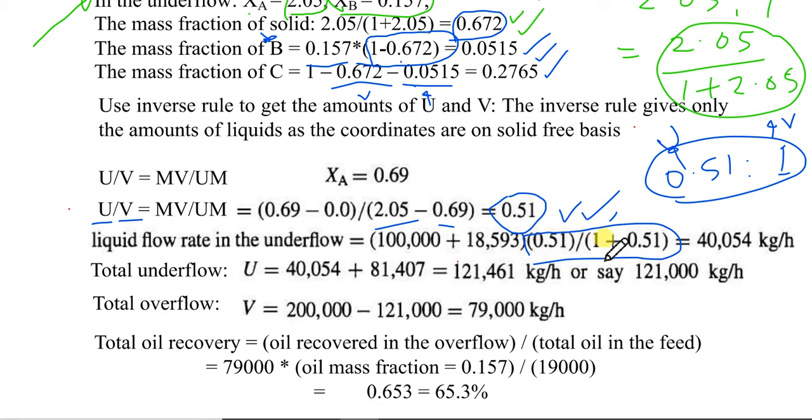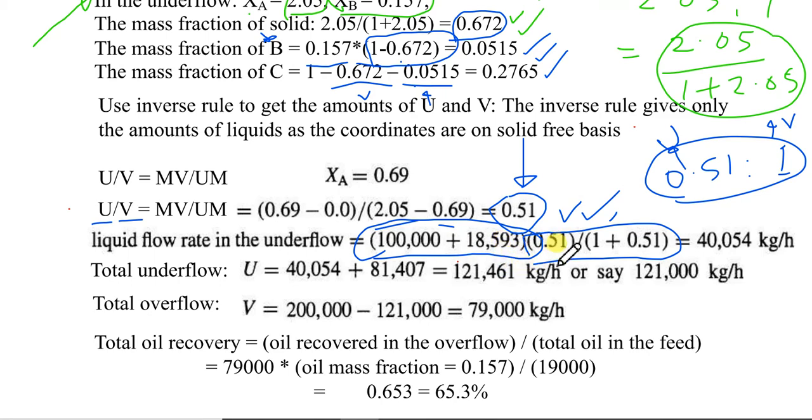Then you divide by this fraction, and this is the total liquid, which is solvent plus the leached oil. So this is just giving you the distribution of liquid. We know the total liquid is this.